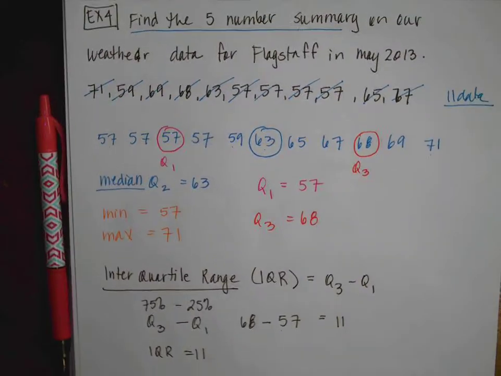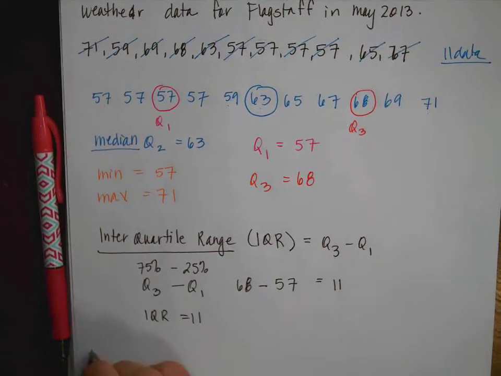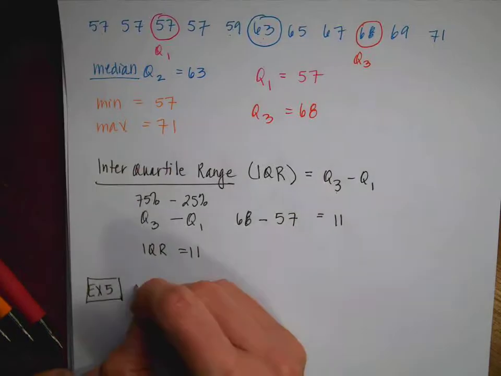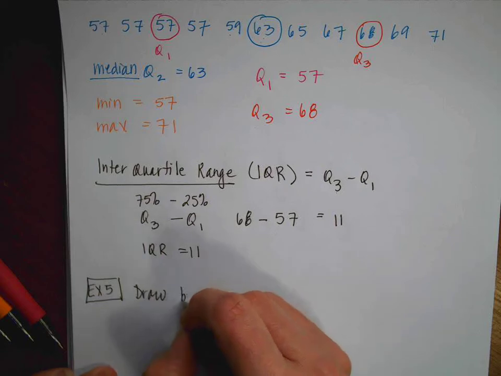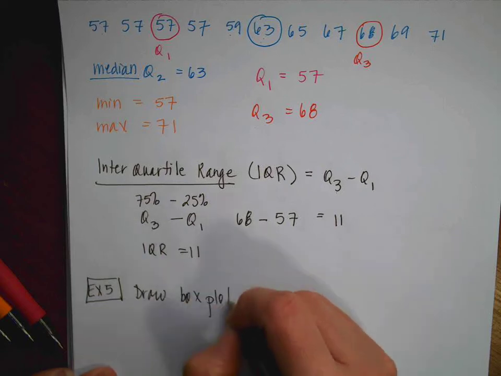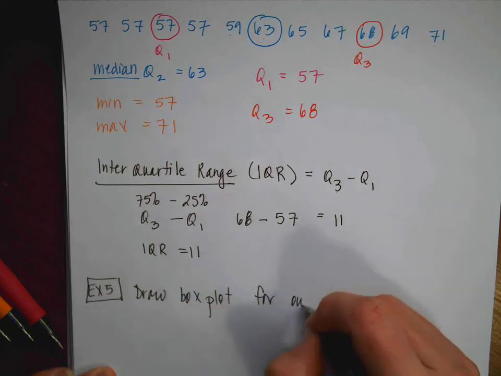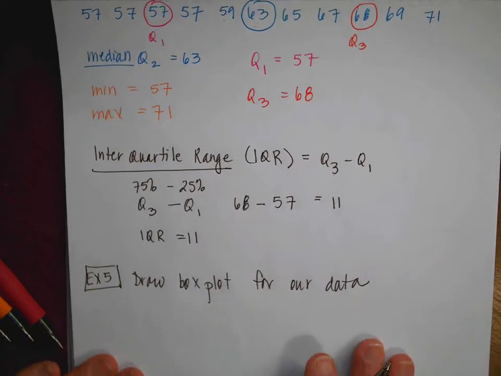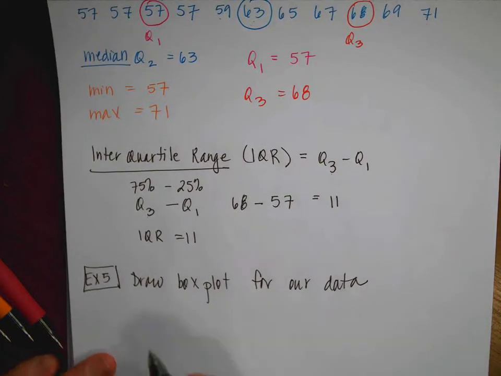All right, so I'm going to actually bring back the numbers from example 4, and I'm going to add to it, we're going to do example 5, we're going to draw the box and whisker plot. So we're going to draw the box plot for our data. Because it's at the top of the page, actually you can still see it, so I'm going to go ahead and draw a number line. So here's going to be my number line.